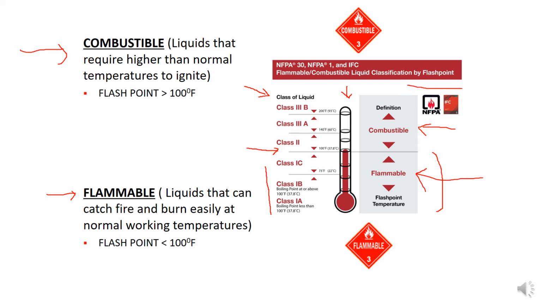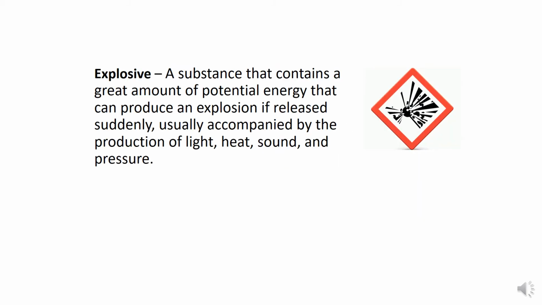If the liquid chemicals can catch fire and their flash point temperature is more than 100, we call them combustible liquids or combustibles. If the temperature needed to catch fire is less than 100, those become flammable liquids. I hope it's very clear, very easy.